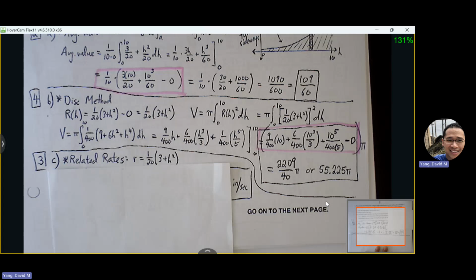Part C says the funnel contains liquid draining from the bottom. At the instant when the height of the liquid is 3 inches, the radius of the surface is decreasing at a rate of 1/5 inch per second. At this instant, what is the rate of change of height with respect to time?